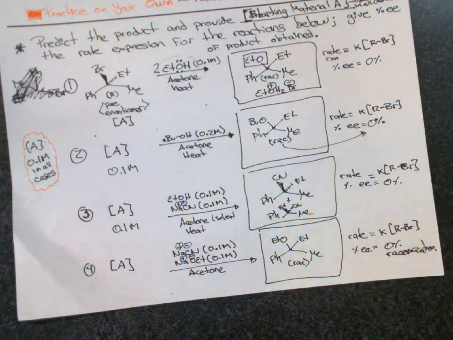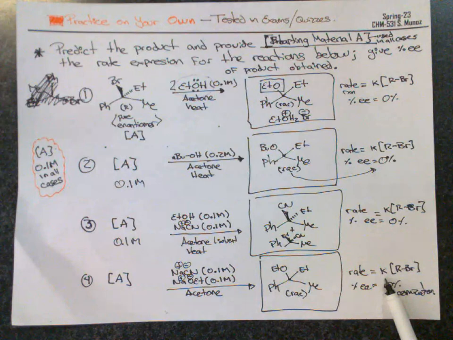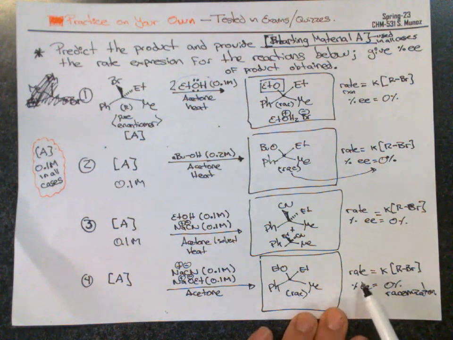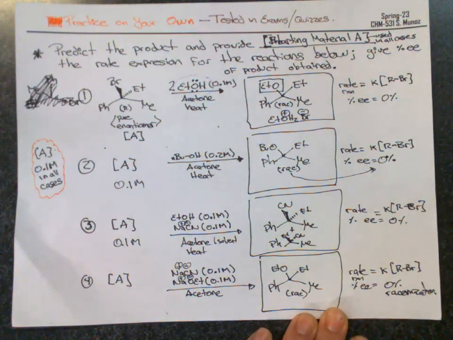Okay, any questions about this particular set of problems? This is very important because we can draw a lot of conclusions related to the rate of SN1 reactions, and how nucleophiles do not play a role in the rate. But also very important, do not confuse the rate of a reaction with the rate constant, little k. They're not the same. The rate, you simply write rate, or you can say rate of the reaction, the overall rate.